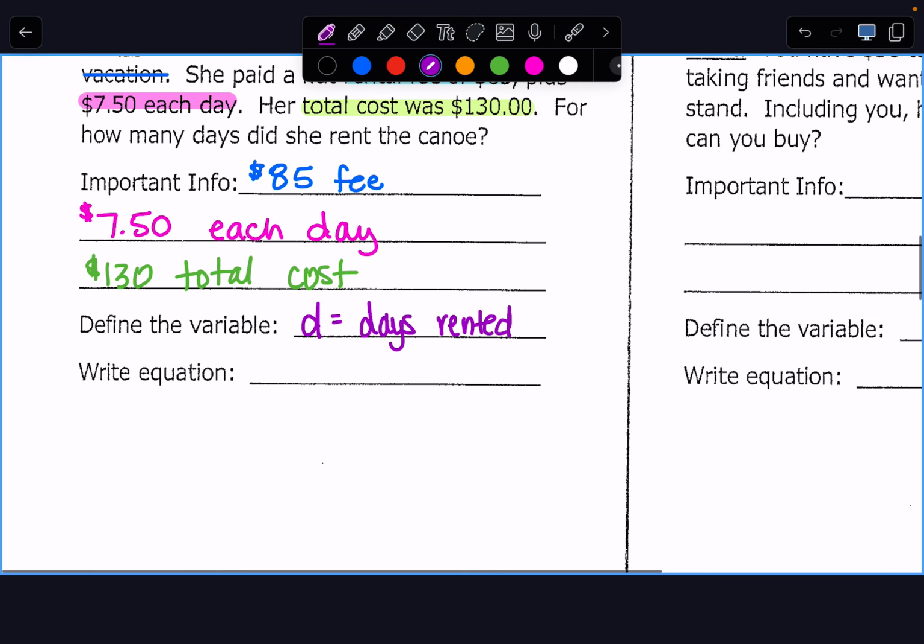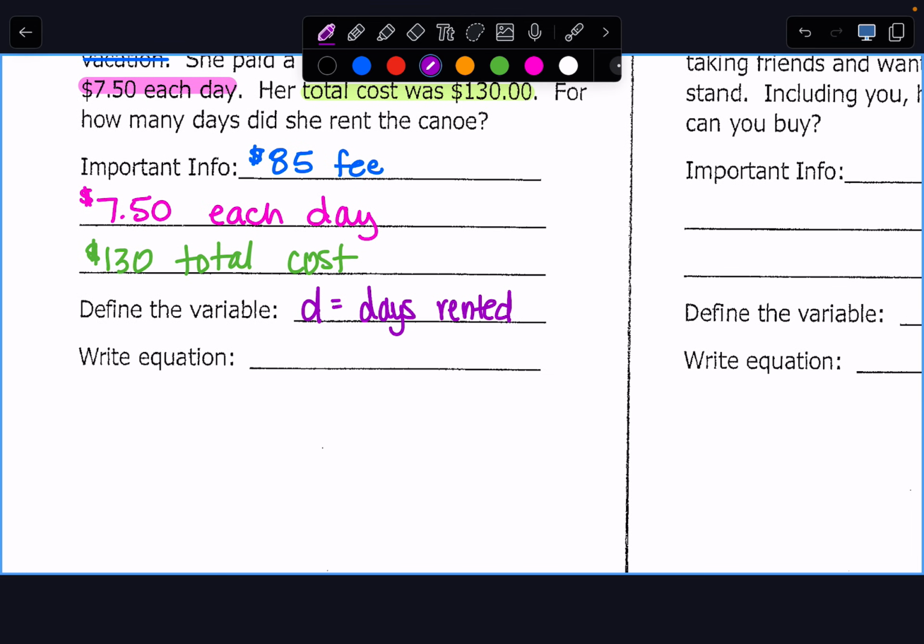Now let's put it together in an equation. Okay, so we have a total cost, right? So what I'm going to do is I'm going to make my total whatever this equation is going to equal. The total money that I paid is 130, so I'm going to put equals 130 way over here on the right. Okay, now we need to figure out what to do with the other two numbers. Okay, which number is going to be multiplied by days? 7.50.